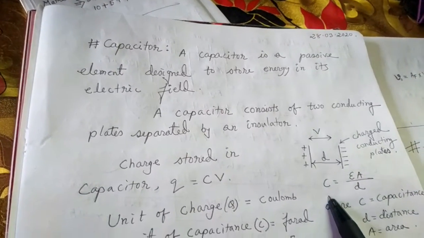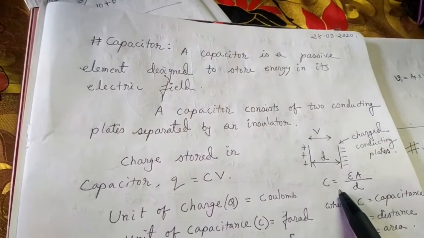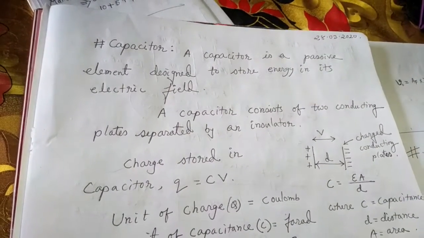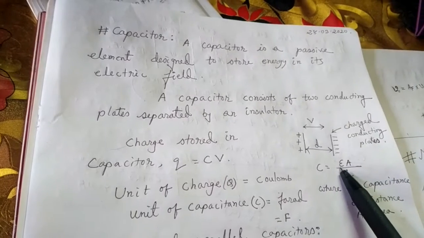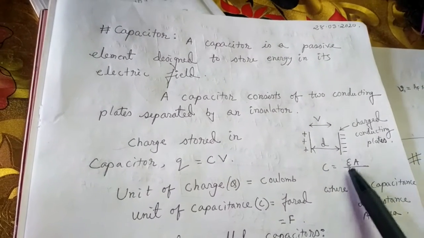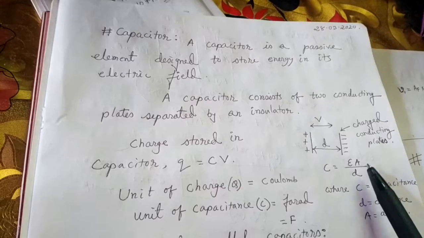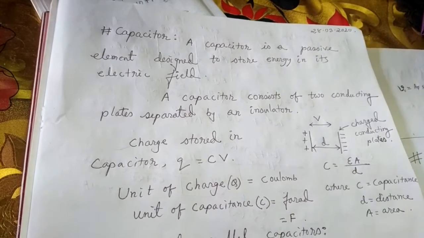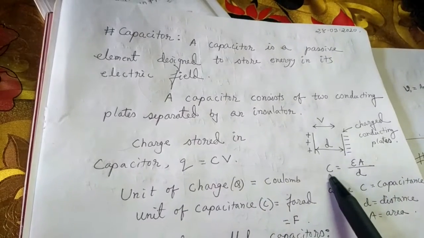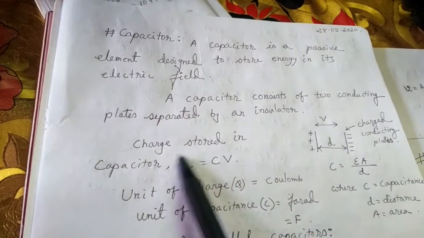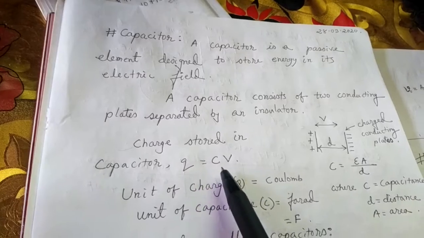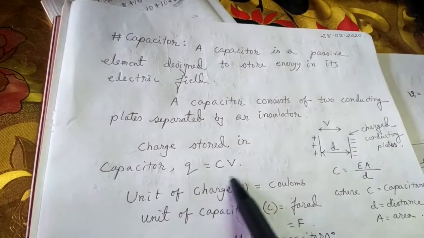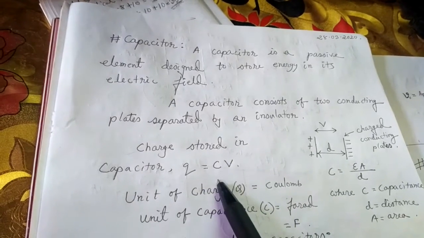So the capacitance formula is given as C equals epsilon A by d. Epsilon is the permittivity, A is the area, d is the distance, and C means capacitance. The charge stored in a capacitor is Q equals CV, another equation for calculating the charge in the capacitor.